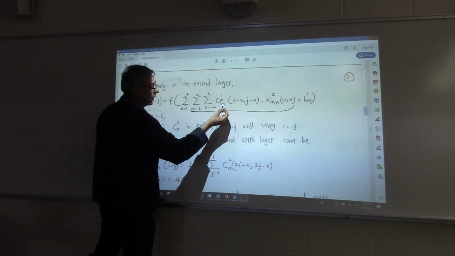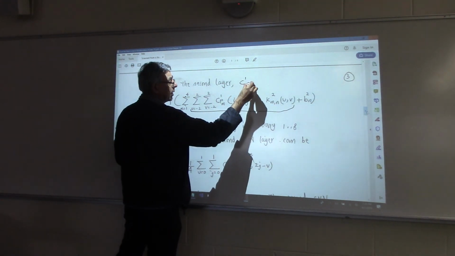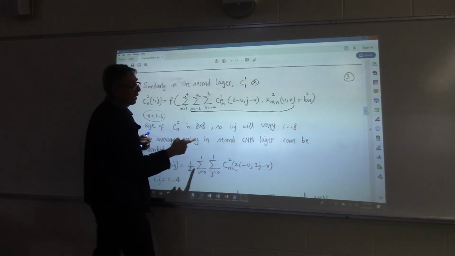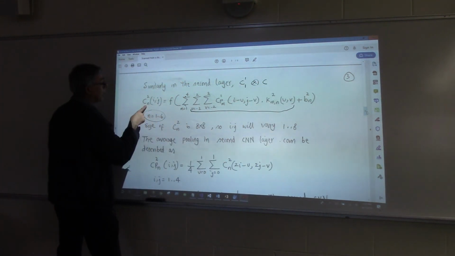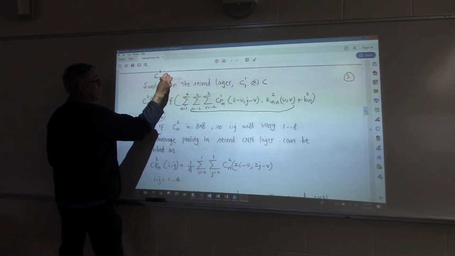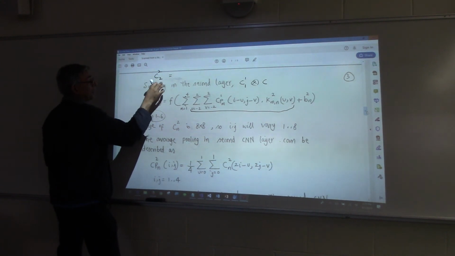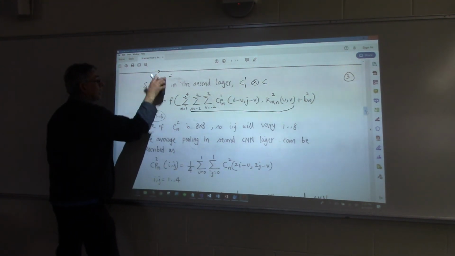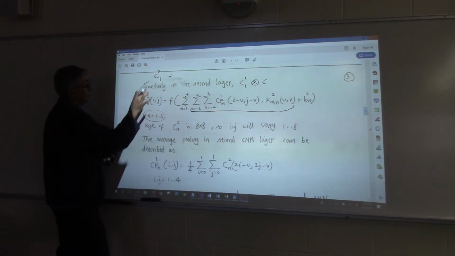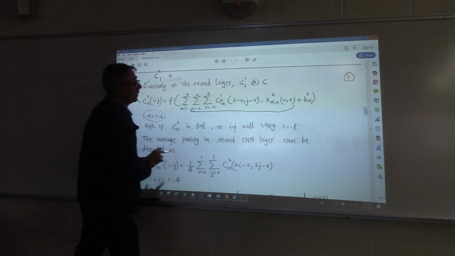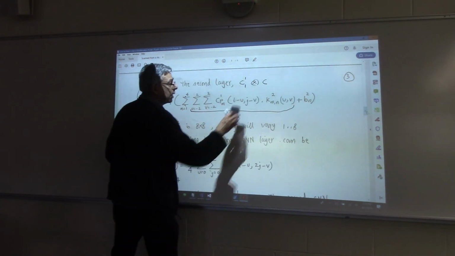So you can see, for example, what it is saying is, let's say we are looking at C2 of 2. Or let me make it easier. Let's take a look at C1 of 2. What kind of convolutions will be done with C1 of 2? As you can see, C1 of 1 will be convolved with which kernel?